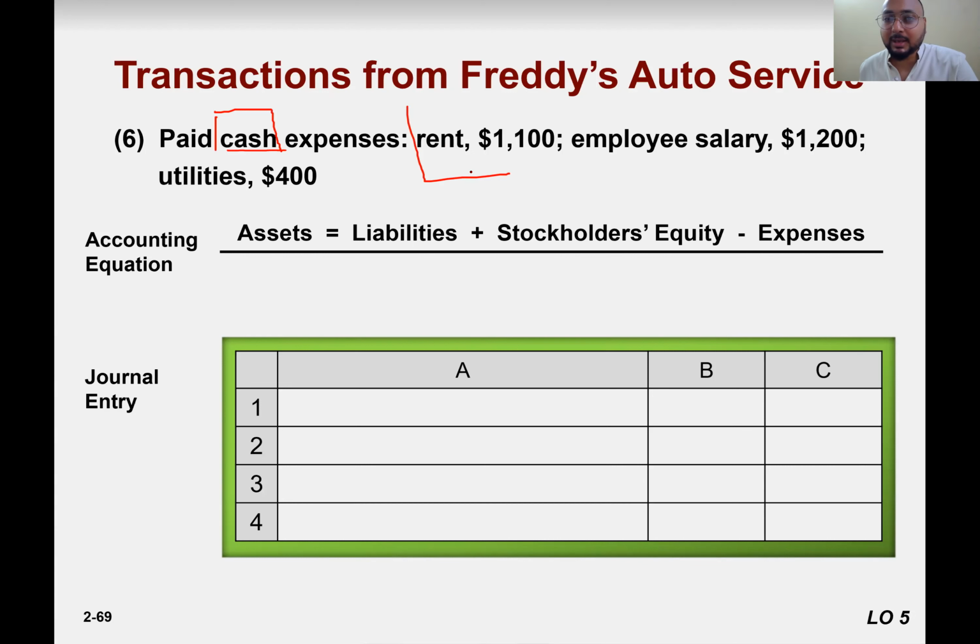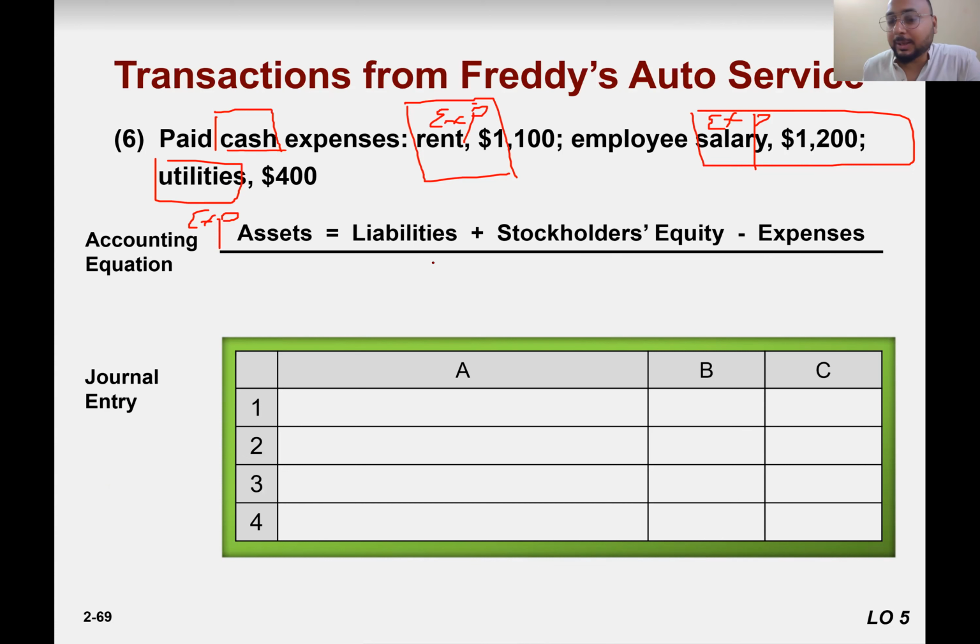Yes, expense names: rent expense, salary expense or salary whatsoever. And then we have a utility expense. Right? So you tell me, number two, increase or decrease. When we pay cash, does cash increase or decrease?